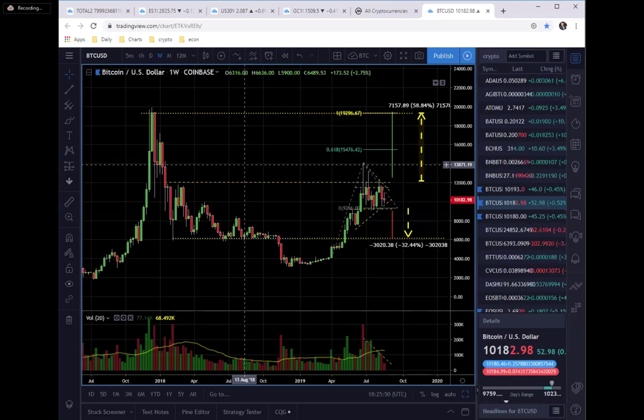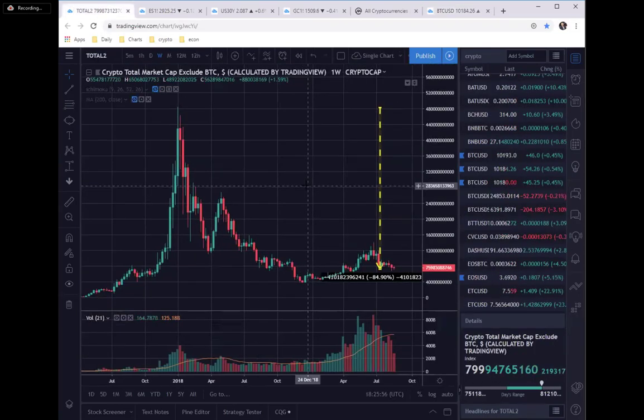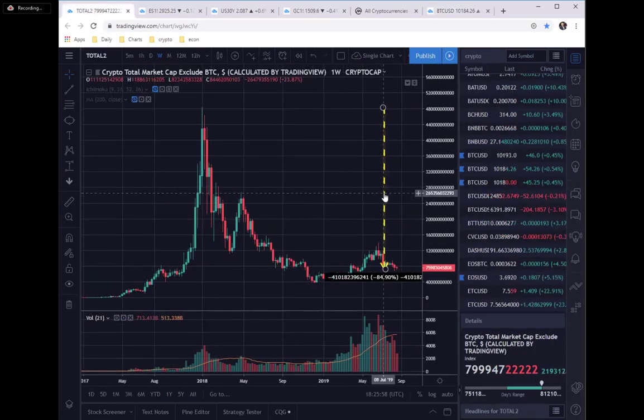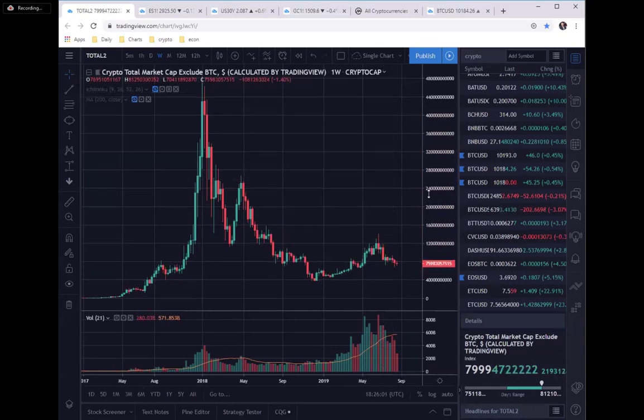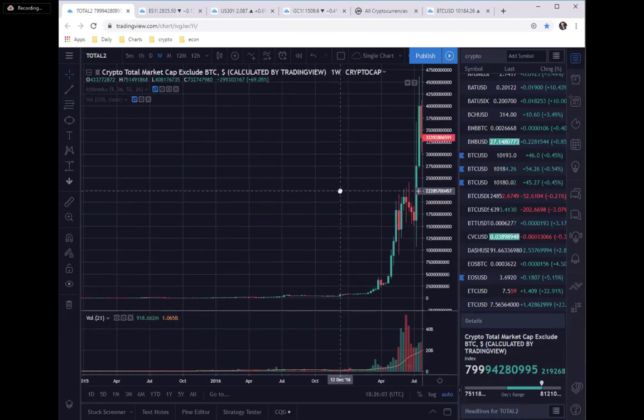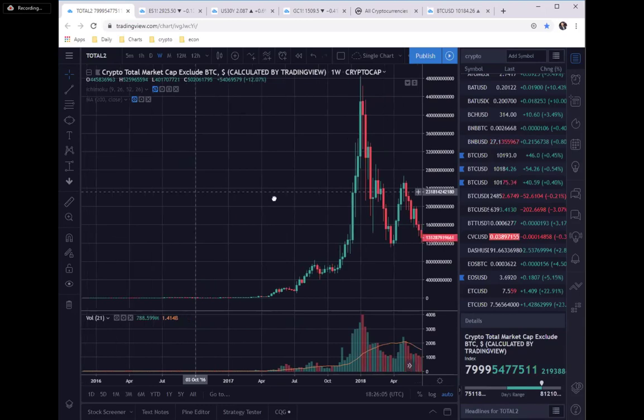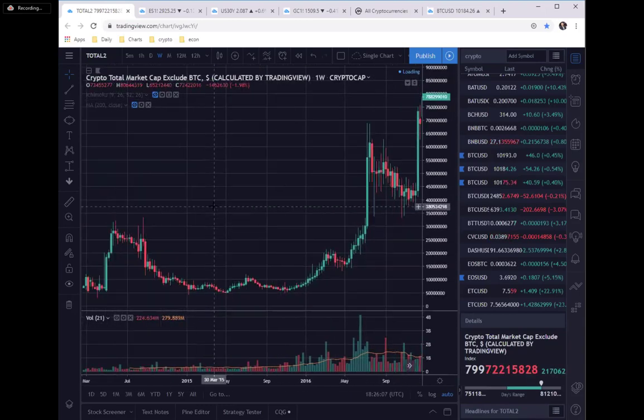I'm just curious, going back to that total two market cap chart that you're on. Let's go back and see what the initial market looked like from the last cycle. What do you mean, before the 17 pop? Yeah.